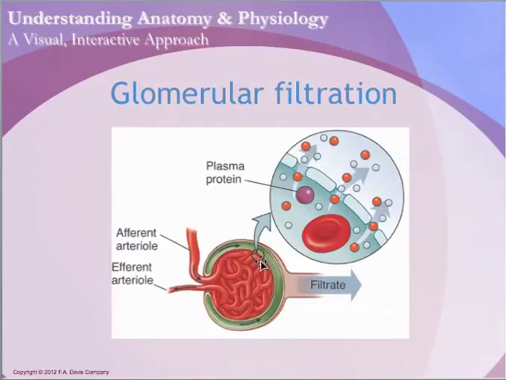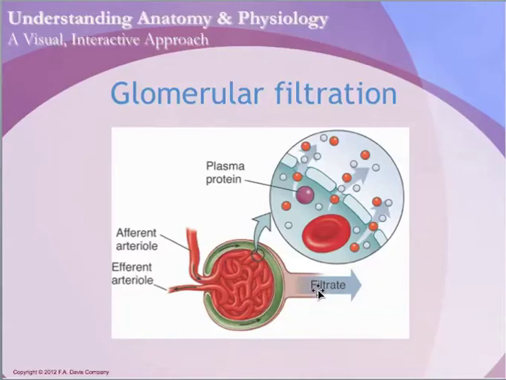Everything else gets dumped into Bowman's capsule and becomes what we call urine filtrate. Some of the things being filtered here are electrolytes, glucose, amino acids, vitamins, and waste products. Some of those things we need, so we're going to figure out how we get some of them back.